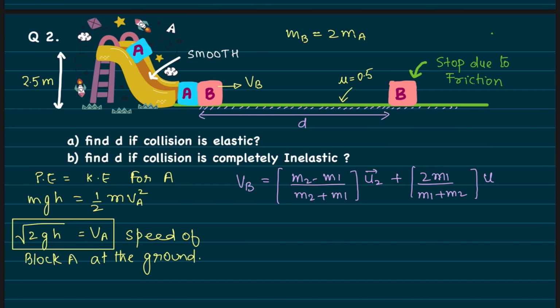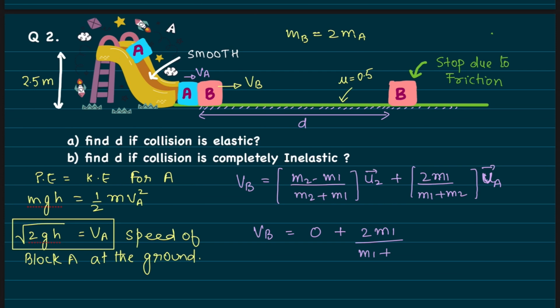So what is our u1? u1 is the velocity which we just calculated, the velocity of A. This is the velocity, positive. One more thing is, initially the block B is at rest, so u2 is 0. Once you put u2 equal to 0, this whole term becomes 0. So velocity of B is equal to 0 plus 2 times m1 divided by (m1 plus m2).